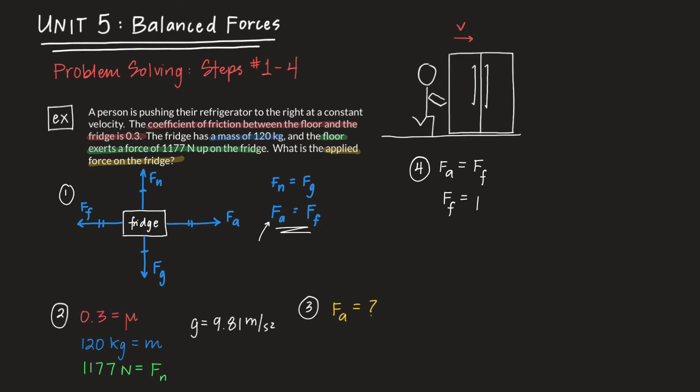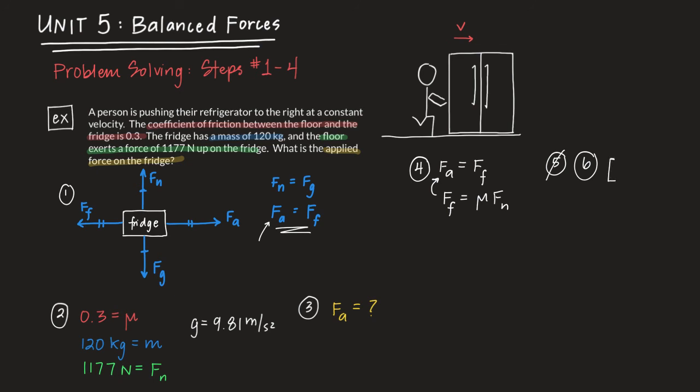Because I know that those two are equal, I can actually calculate the force of friction. So I'm going to use my force of friction is equal to the coefficient times the normal force. Once I find the force of friction, then I can know what the applied force is. I don't need step 5 because I'm solving for the force of friction, and then I'll just use that to know what the applied force is.